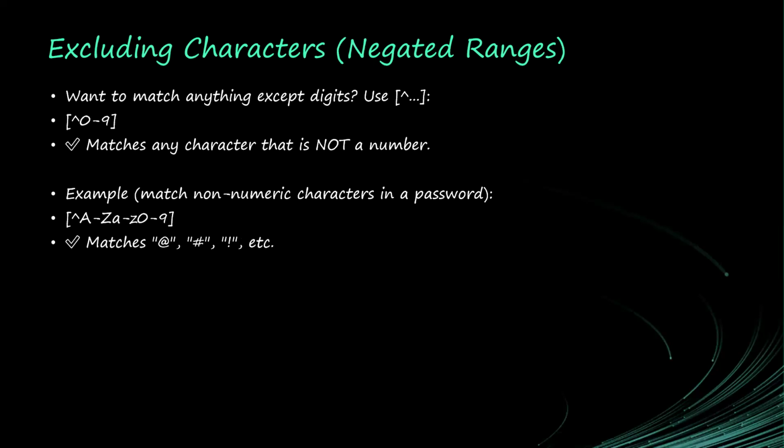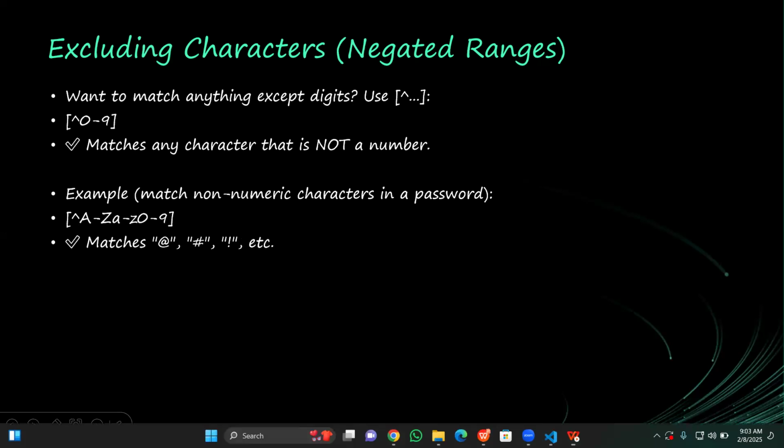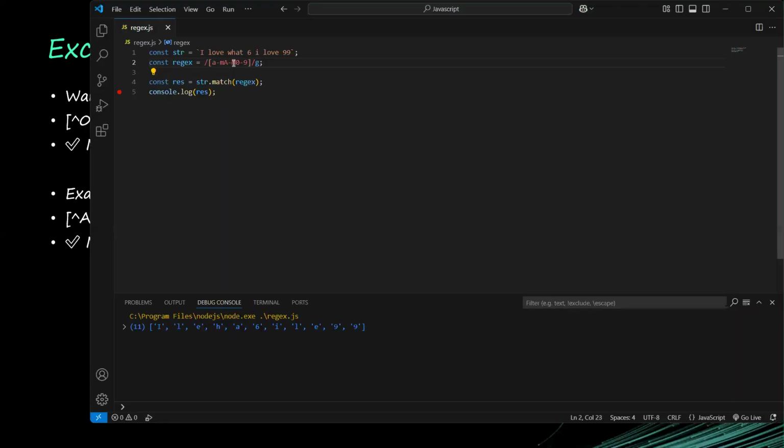So if you want to exclude, let's say I want to exclude all the digits, I can just put this negation symbol here. So let's go back. I want every match, but I want to exclude all the digits.